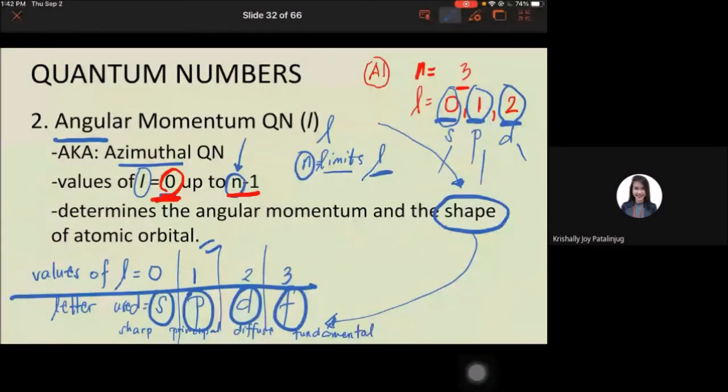Okay. Now, saan galing tong mga words na to? These words were used even before pa yung na-propose na develop yung quantum number model. So, yung sharp, principal, itong mga whole word na to, they specifically describe features of atomic spectra.